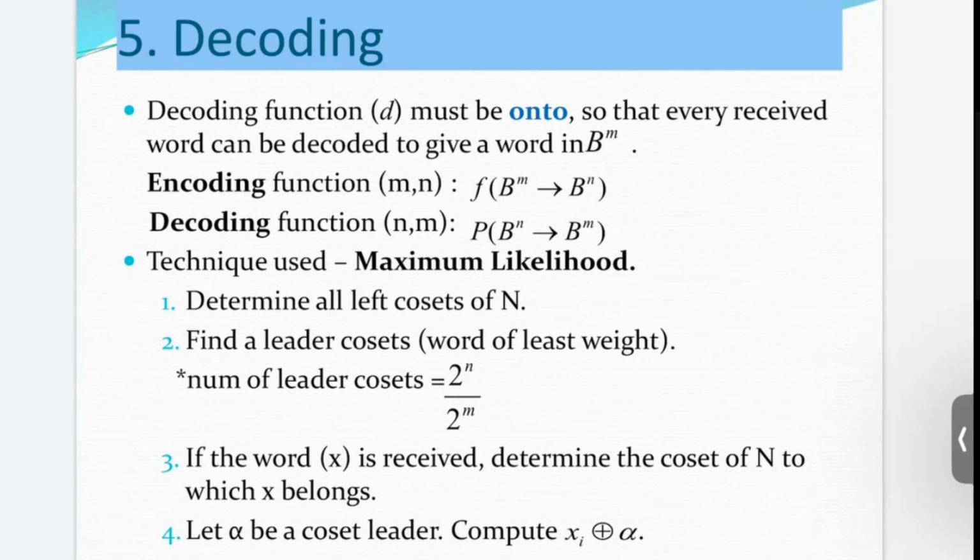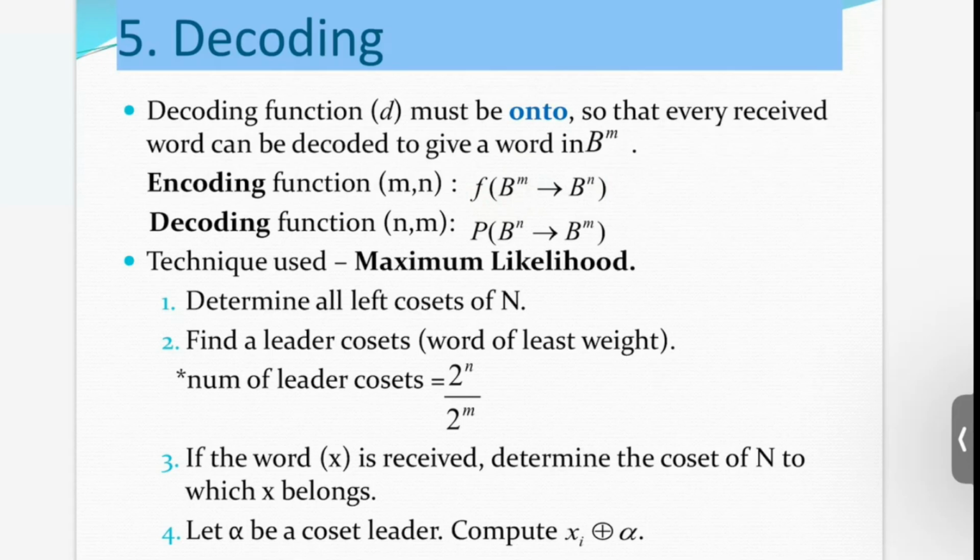So the decoding function must be onto so that every received word can be decoded to give a word in B^m. When you encode, it is a function from B^m to B^n, with m on the left side and n on the right side.